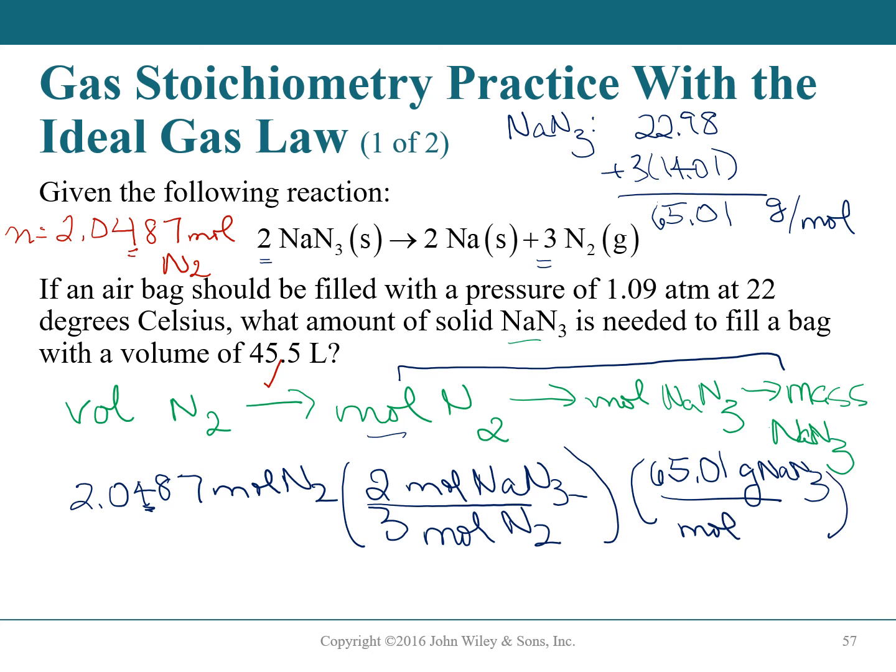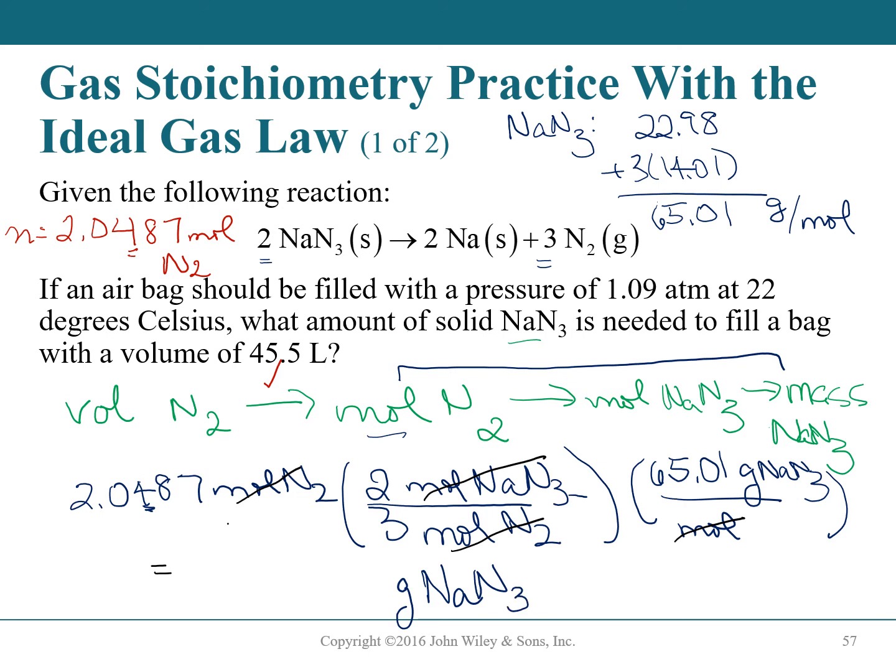So let's check our units. Moles of nitrogen will cancel out. Moles of sodium nitrite cancel out. So I'm left with grams of sodium nitrite, which is our desired unit.